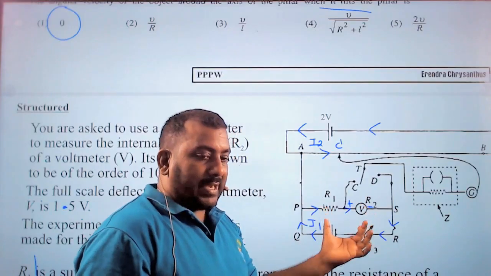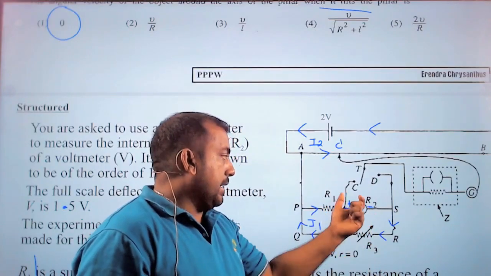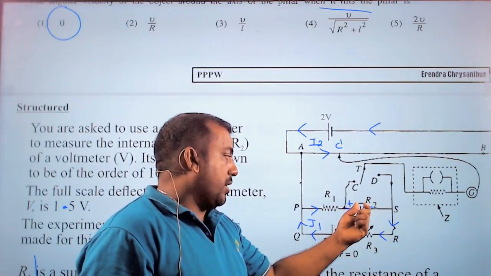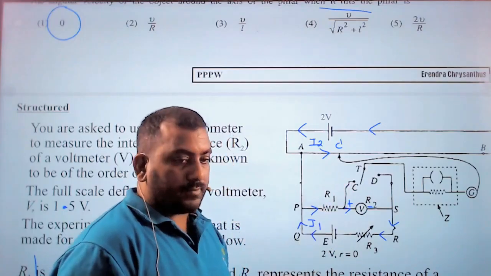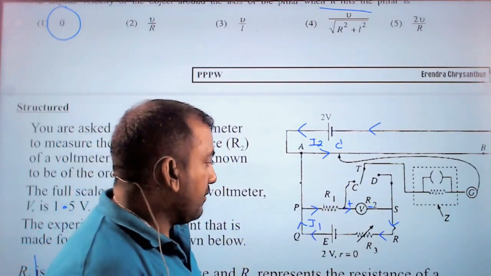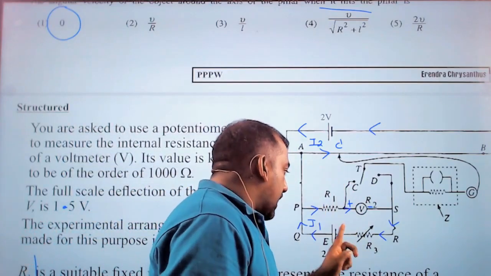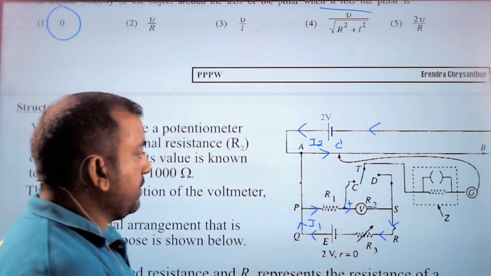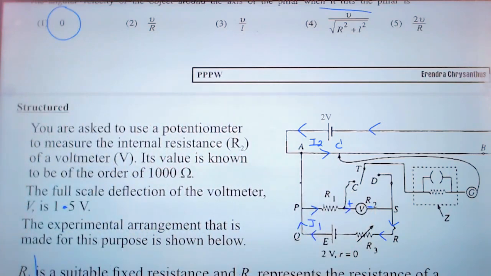PQRS is isolated separately. We adjust until the voltage becomes how much? 1 volt. That means R1 plus R3 together will have the remaining 1 volt.